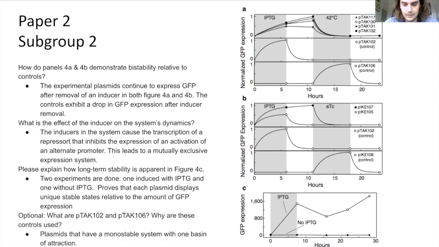This system ensures that after induction, only one repressor will be expressed, either for as long as the system physically exists or until the plasmid is exposed to the opposite inducer. This nature is shown by the fact that controls only express GFP when they're directly being exposed to their respective inducers, while the bistable plasmids continue to express GFP after inducer exposure stops, and they only stop GFP expression when the opposite inducer is introduced.